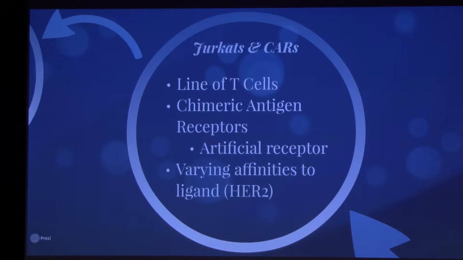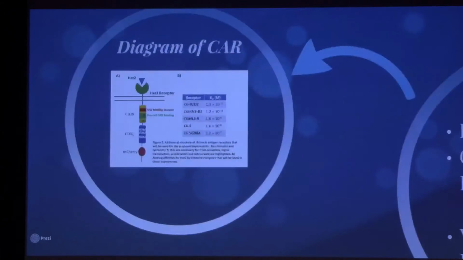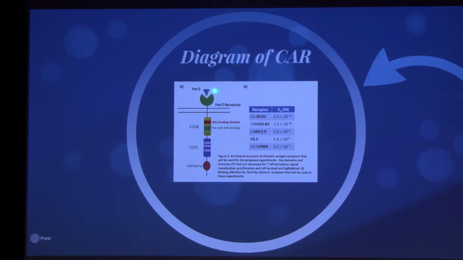You can see here the little ligand that fits into the receptor. If the receptor has a really strong affinity to the ligand, it's going to produce a rather strong signal. If it has a weaker affinity, the signal's not going to be as strong. So that's how we had these two populations for most of the experiments: the strong affinity, which would mean stronger signaling, and the weaker affinity, which would mean weaker signaling.